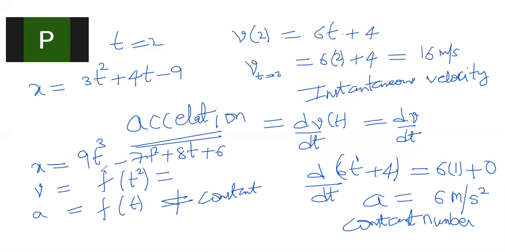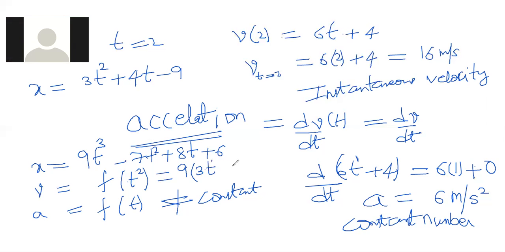Here, t power 3. If you differentiate, what will you get? Tell me the answer. T cube is there. What will you get? 9 into 3t power 3 minus 1, 3t power 2.